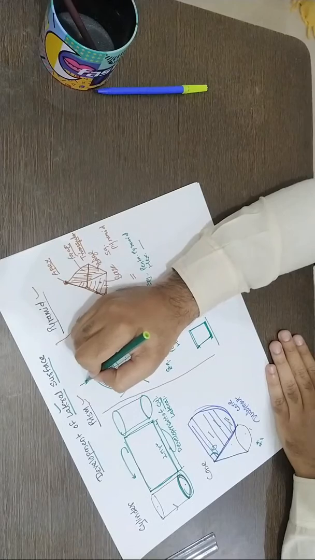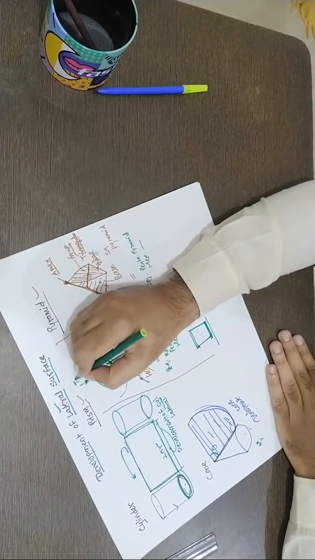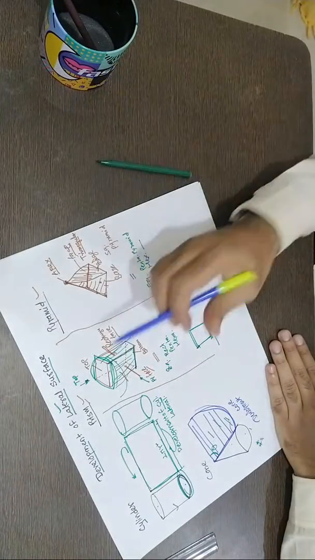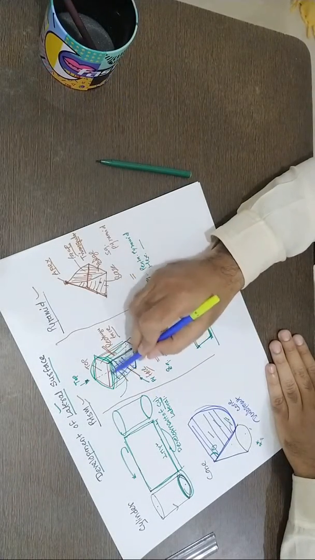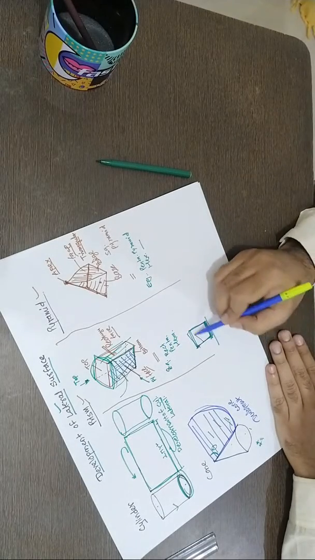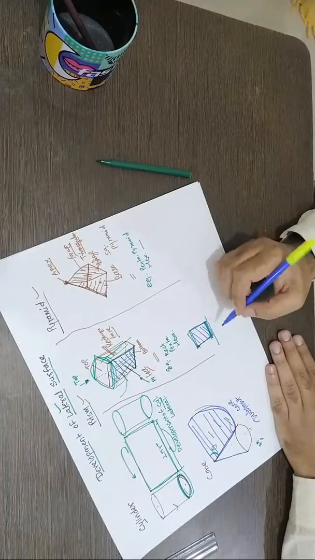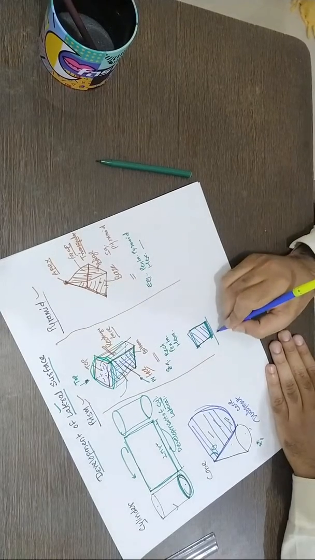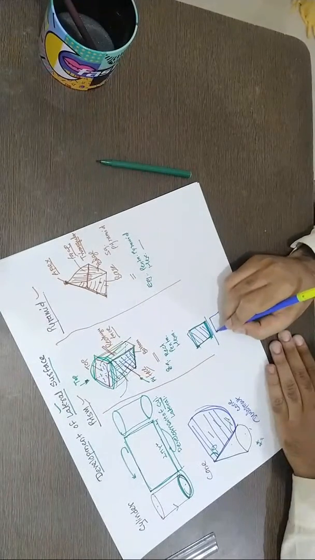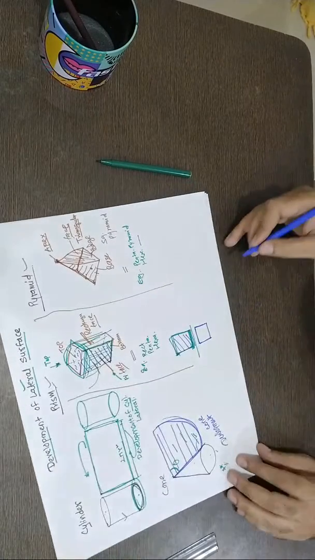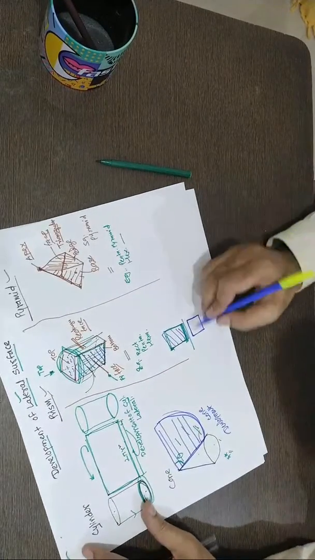For the top view, this is for front view, so I'll use a different color to understand. So this is what you can see in the front. So I have drawn this, and for the top view you can see this face. So I can draw this as a top view. Whatever dimension is given in the numerical, I am just representing this image.